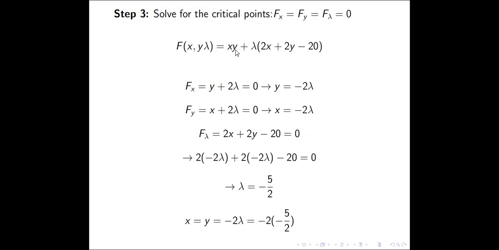And moreover, since it also satisfies the first order partial derivatives with respect to x and y being 0, what we get from this system will also be a critical point that satisfies the constraint equation.